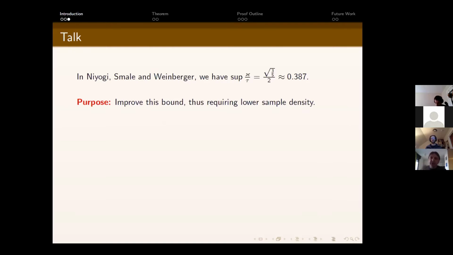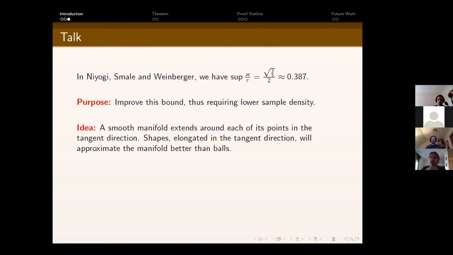And the discussion in this seminar is something that we together with Sarah did to improve this ratio. So the greater the density, the smaller this ratio will be. And since we want to get a small density, we want to increase this ratio by as much as possible.